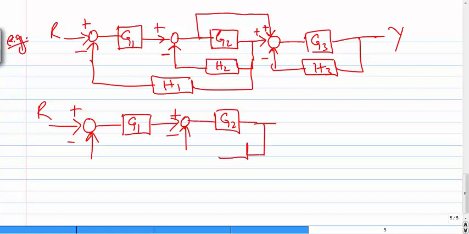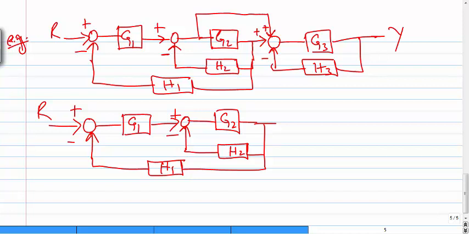What we actually did is plug this point and move it here. We have the same H2, and we have the same H1 here. Now when we move this point to here, this input is multiplied by G2, then add this one.